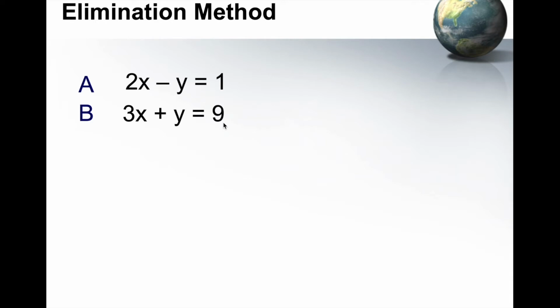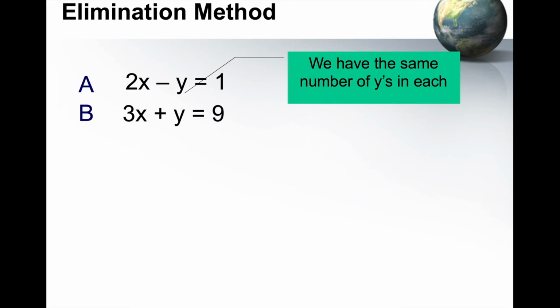Since we are using the elimination method, we need to eliminate one of the unknowns or variables. In this case, it is easier to eliminate y because both y's have the same number, or some would say coefficient. They're both having values of 1, so we can eliminate y.